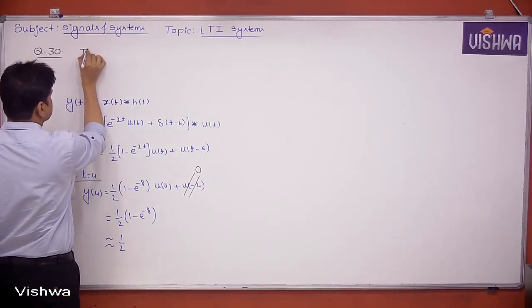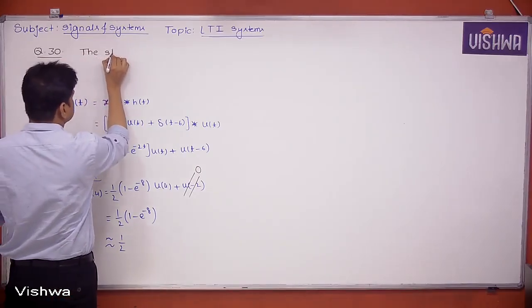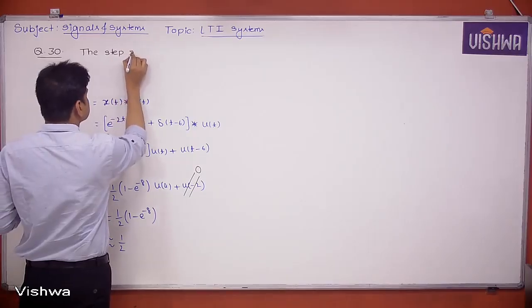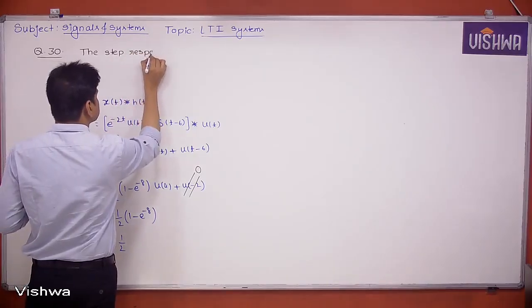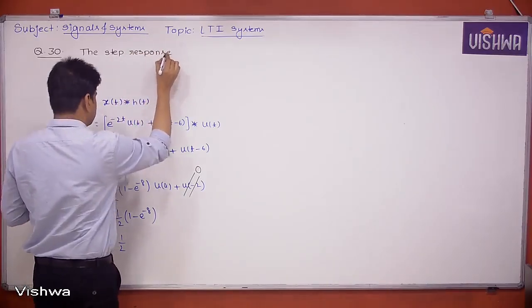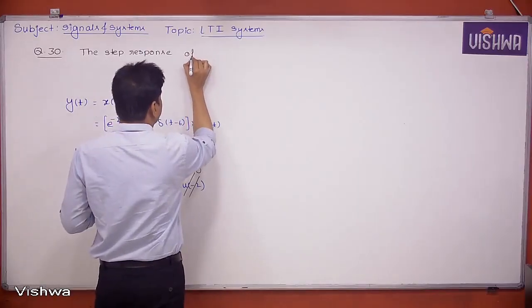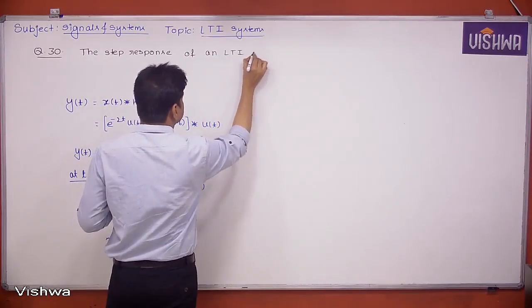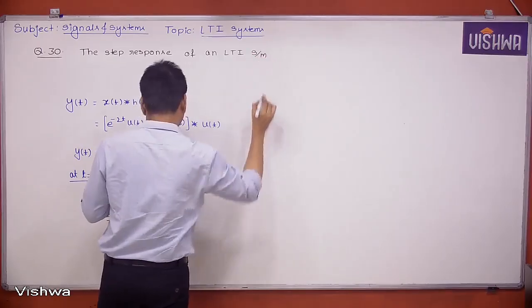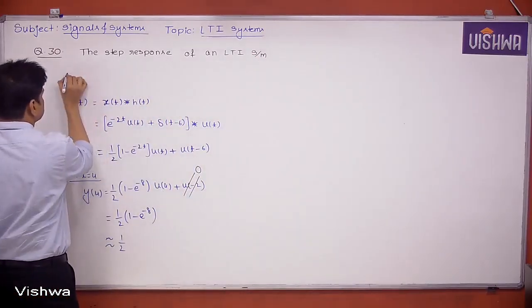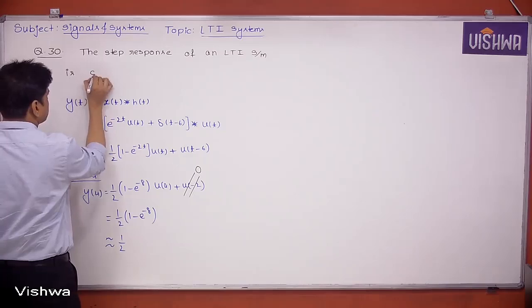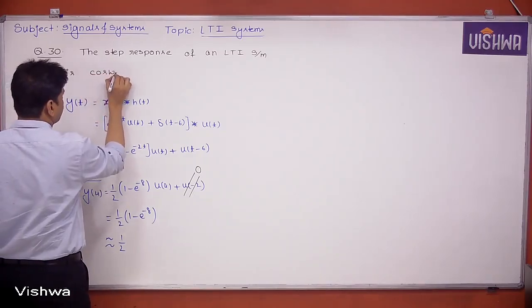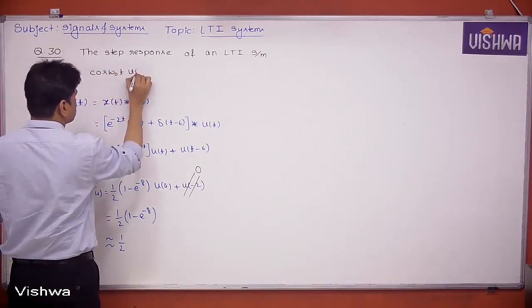The step response of an LTI system is cos omega naught t u of t.